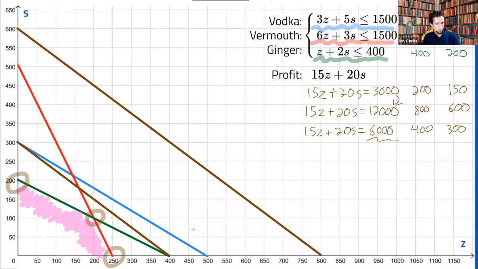I always did green in class, but now it's brown. From the brown line, is it close enough that we can see what the best point is going to be? Yes. Okay, if yes, then we're done. We don't need to keep drawing more of these. We can just get close enough that we can find out what the best corner is, then the rest we'll verify with algebra.